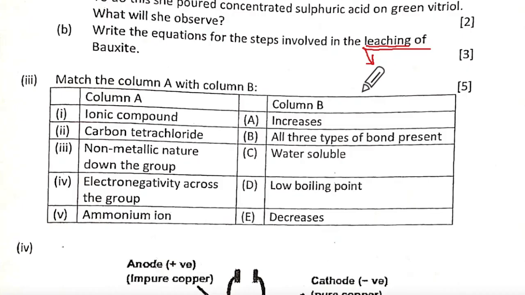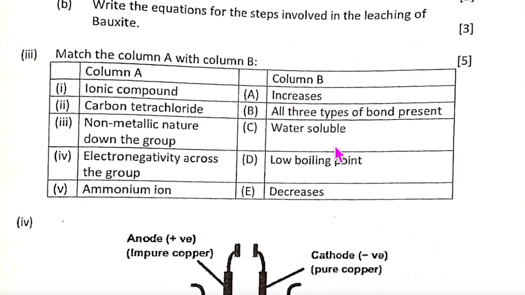But leaching of bauxite is the steps involved in Bayer's process. So you have to write Bayer's process, the three reactions with the temperatures. Do we know them? If you don't know, learn. If you know them, give yourself marks. If you don't know, 0.